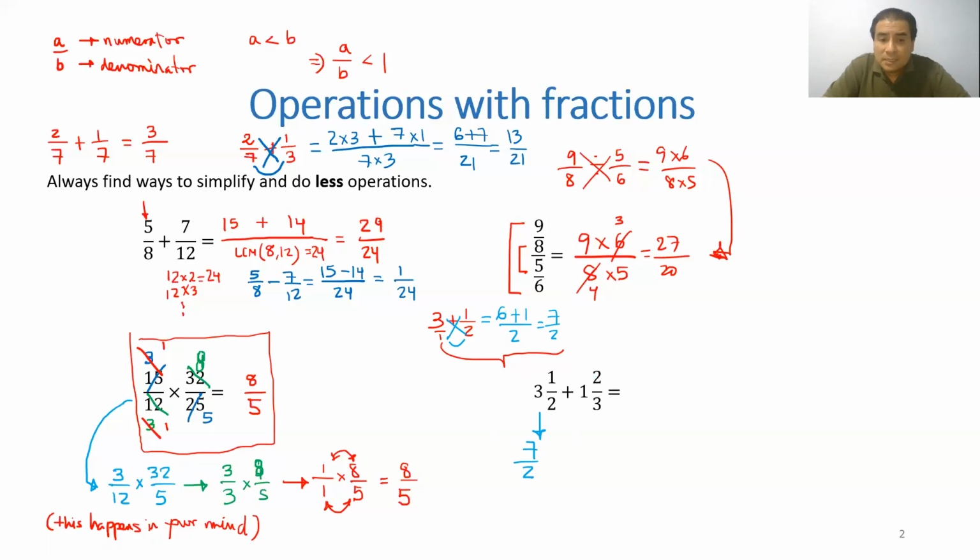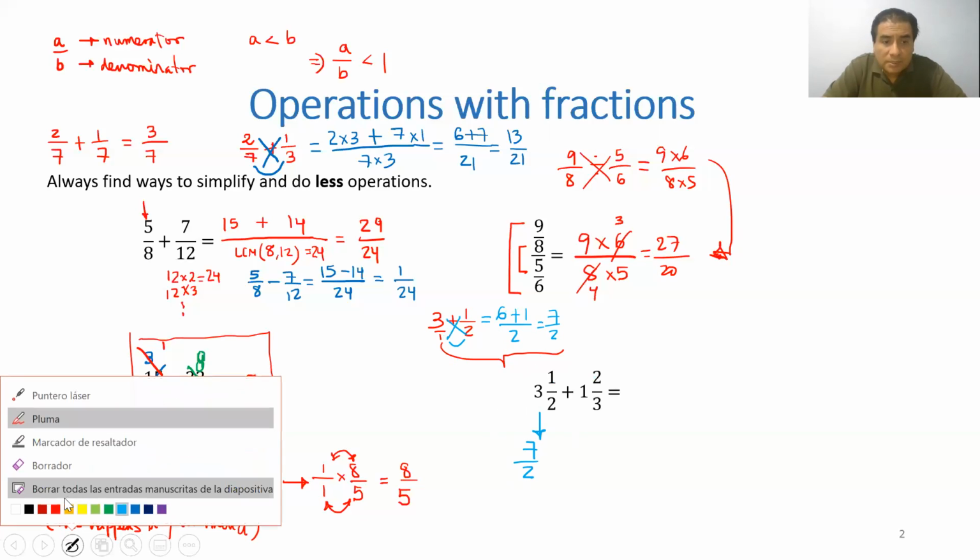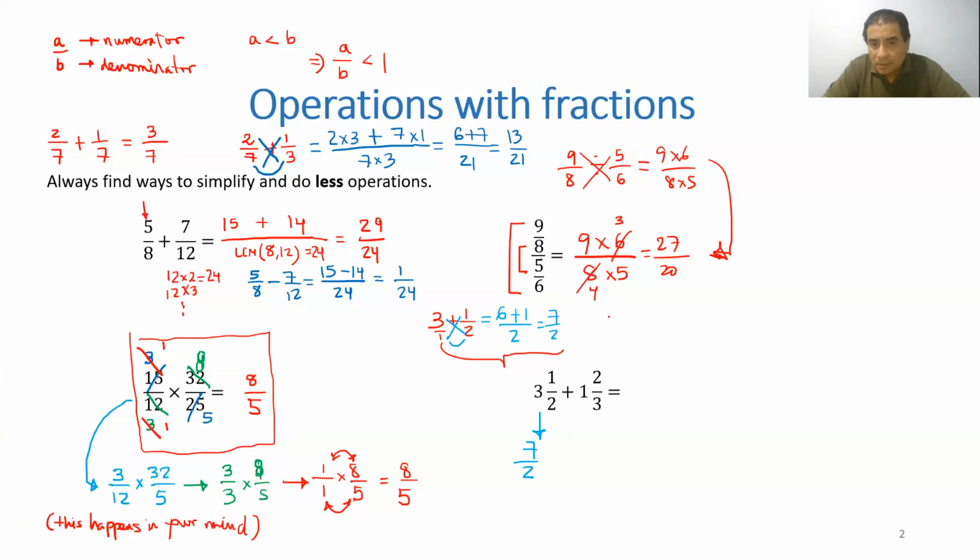What about the other? Same thing, okay? So you can just do the same here. 1 unit and 2/3 equals 1 plus 2/3, which would give you actually 3 times 2 over 3, means 5/3.